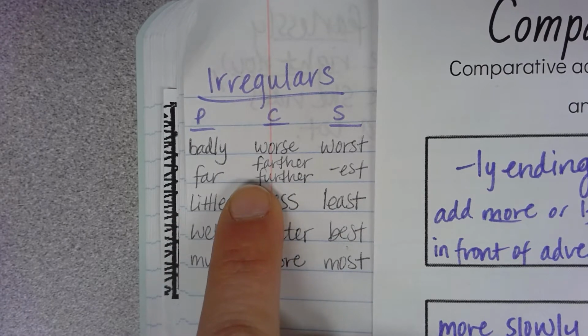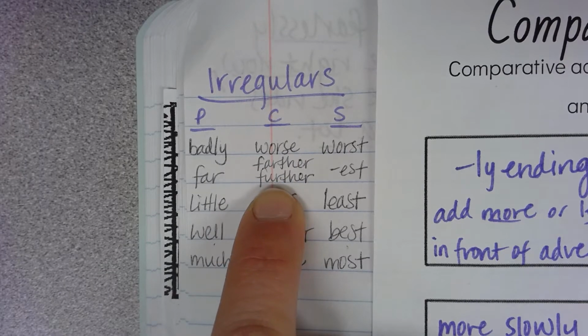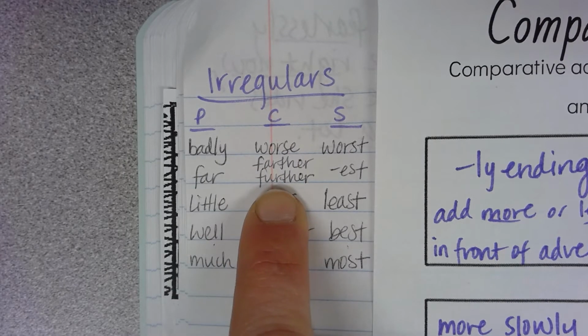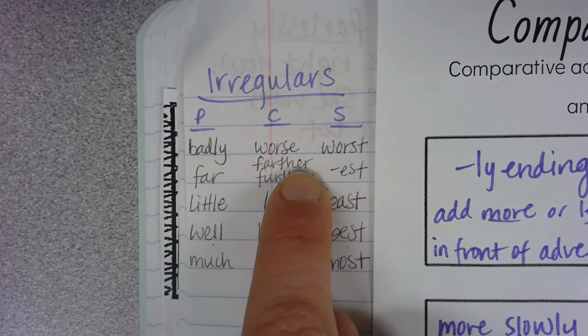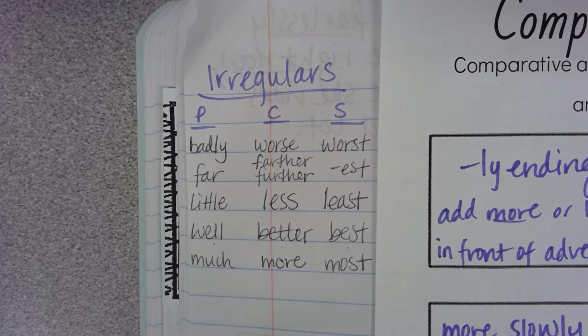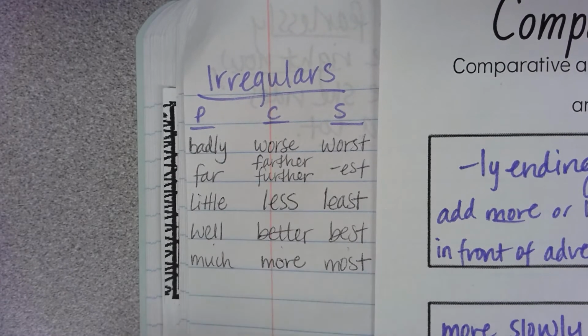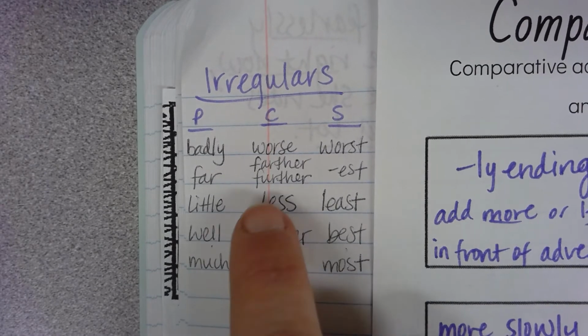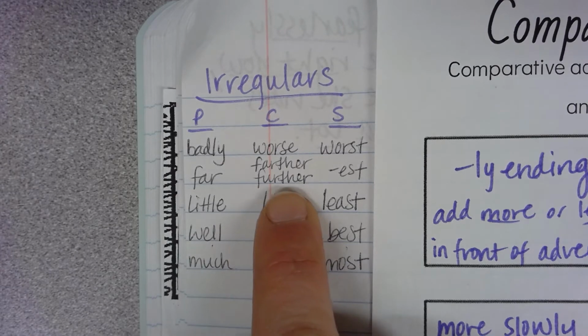Far, the only way it becomes irregular is because there's two versions of the comparative one. And we've talked about this with grammar rules before. Farther is always used when talking about distance traveled. Further is always talked about with the word more. So like if you're investigating further, you're investigating more.